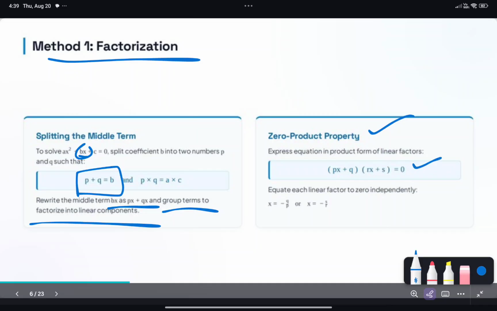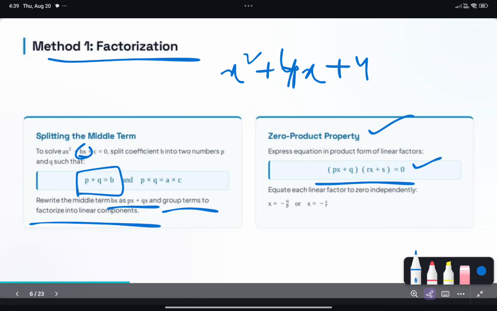We can get the roots as that. For example, x square plus 4x plus 4. Yes or no? Clear?